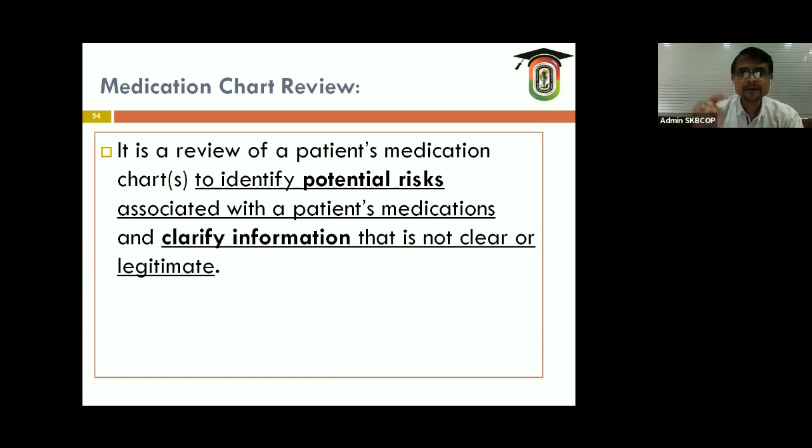So there might be the chances that the physician is on a round, so he might be in, we can say, जल्दी जल्दी में शायद कुछ मिस हो जाए. So जिसका इंटरप्रिटेशन है, जिसका रिव्यू फार्मासिस्ट कर सकता है अंडर this process, that is medication chart review.